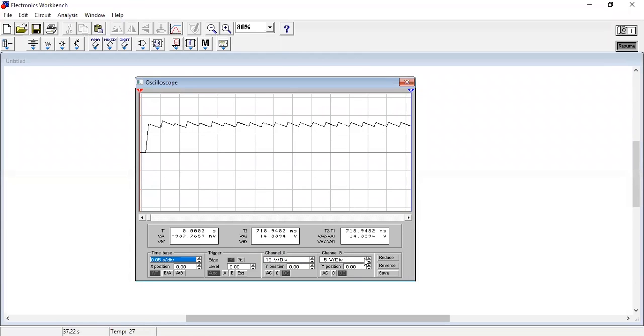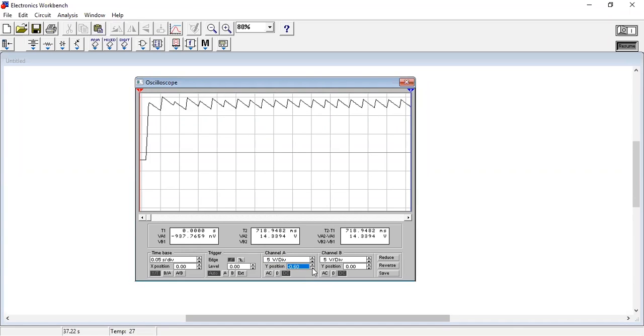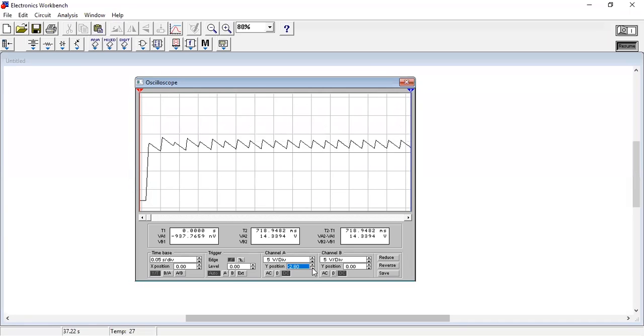Here, one box belongs to 5 volts. If we take 10 parts of one box, this one is 1, so 2.5 volts. Okay, half of the box. So one box belongs to 5 volts, so half of the box is 2.5 volts for the 100 microfarad.